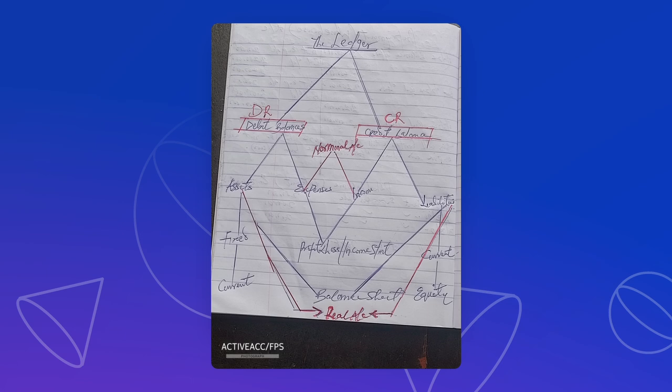So they are balance sheet items, whereas the income and expenses are profit and loss items. So this is very, very important for you to know in treating any accounting question or transaction. The understanding of this is very, very key.